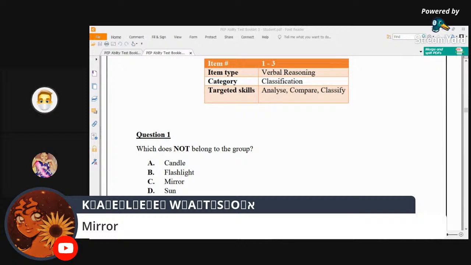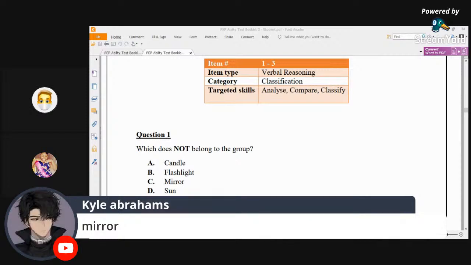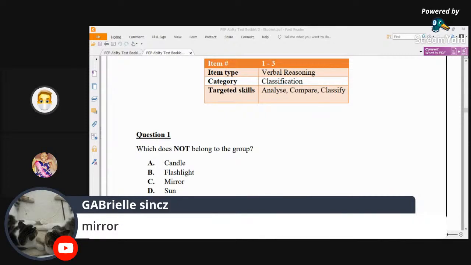Skull Crusher says the mirror. All right. Let me see who else. Let's get some more responses here. Abrahams says mirror. Mason says the mirror. Lacia says the mirror. Eric says it's the mirror. Gabi says it's the mirror.